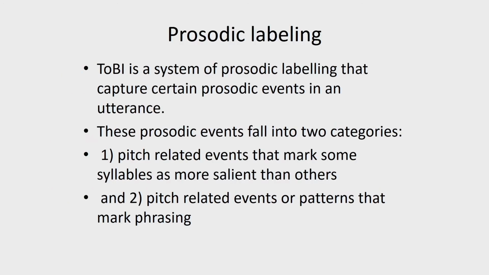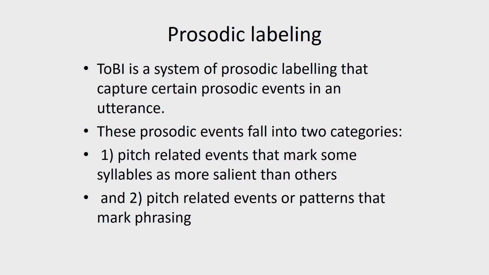And then when we're discussing intonation, a couple of things come into play. When you're doing ToBI, that is Tones and Break Indices, we have to remember that it's a system of prosodic labeling that captures prosodic events in an utterance.